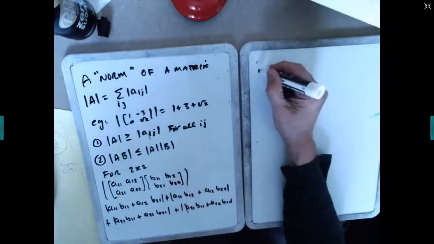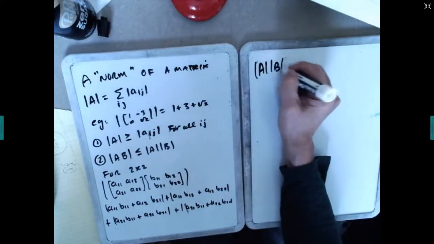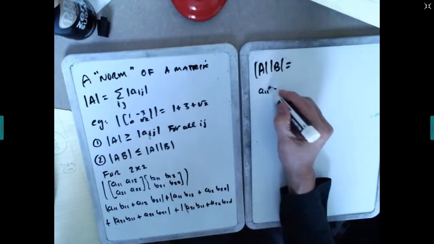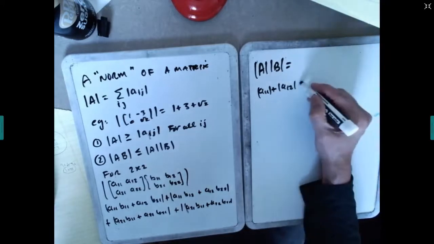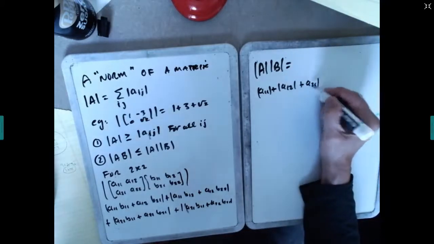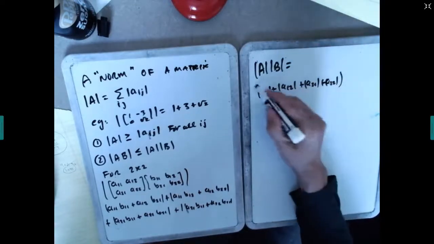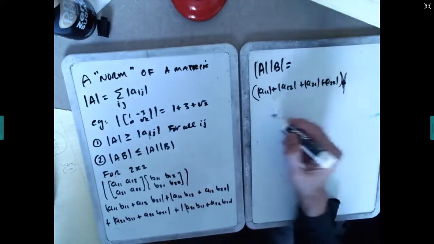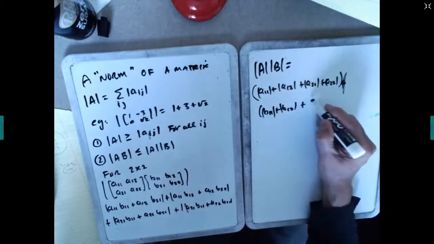If we now just look at a matrix A times matrix B, well, the norm of matrix A is this. Remember, you take the absolute values of this. And that's multiplied by, I'll just scroll down here, absolute value, absolute value.